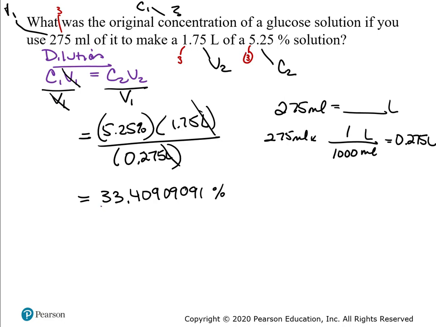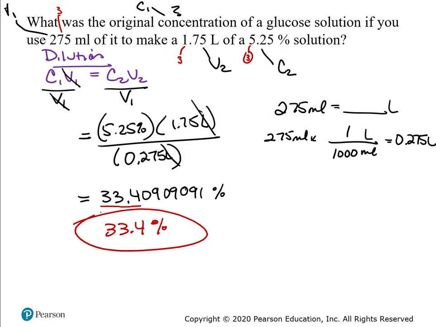So remember, you just start from the left, underlining the first 3 significant figures, the 33.4. So all the rest of it does what? Drops off. So that is the original concentration of my solution. And it's glucose.